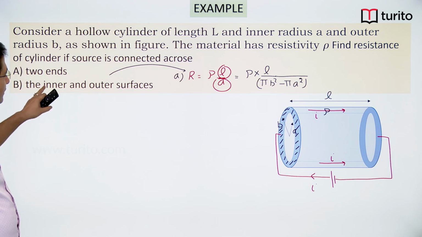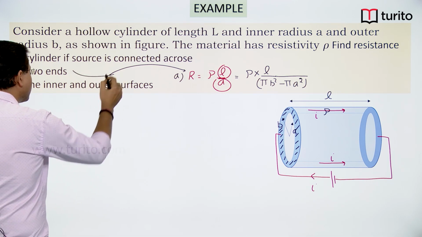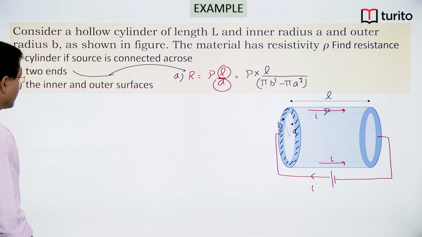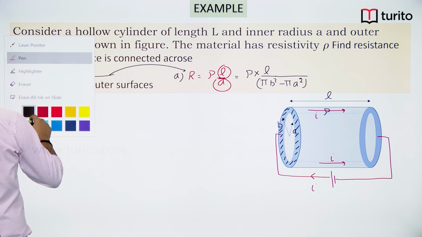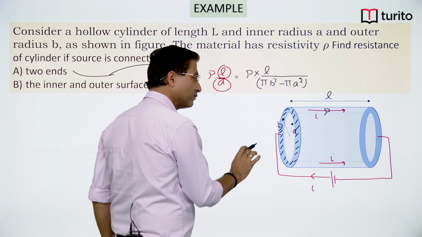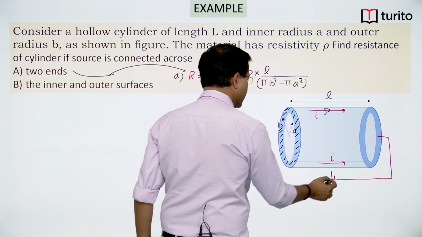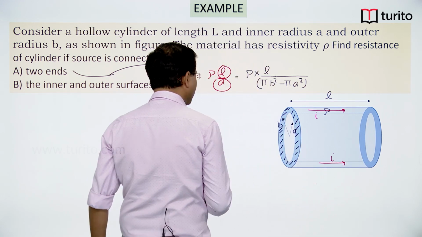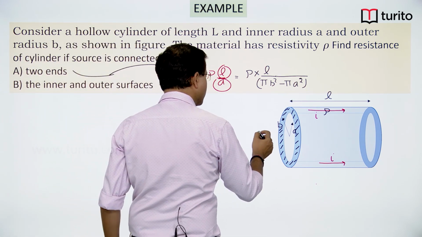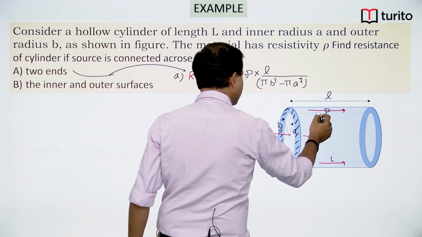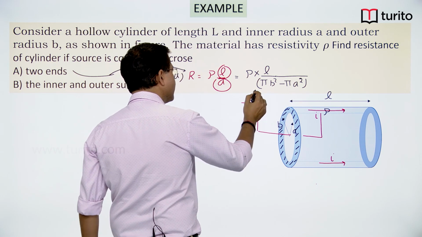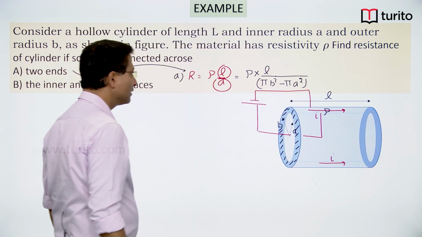Now second part, the inner and outer surfaces are connected across the source. So instead of connecting this way, if I connect source this way, so inner surface connected to positive terminal of battery, right.